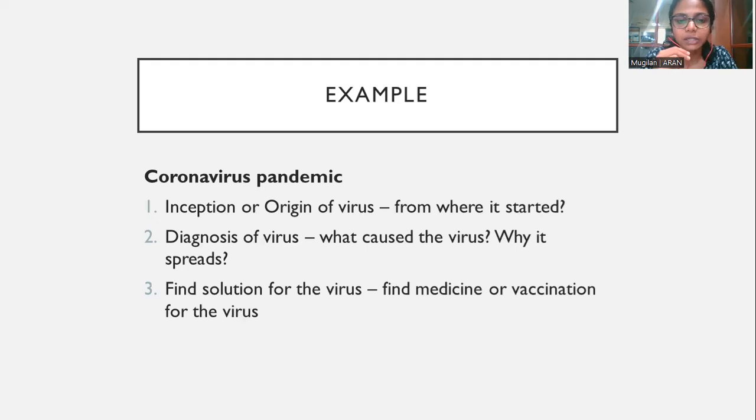And the third one is finding a solution for the virus. That means what kind of medicines or vaccination there is for the virus. Health experts are taking many steps to reduce the risk of infection from the COVID-19 virus. First is to get vaccinated. There are several vaccines available, and getting vaccinated is the first step.